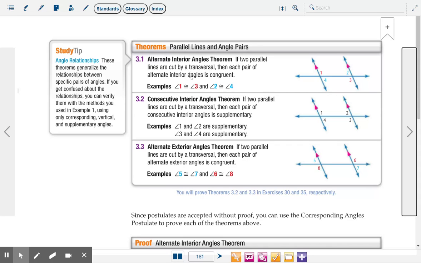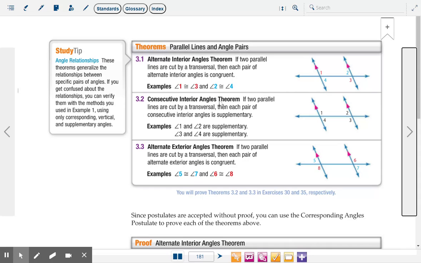So alternate interior angles 1 and 3 are going to be congruent. 1 and its corresponding angle out here are congruent, and this angle and 3 are verticals. So by transitive property, 3 is congruent to that angle, which is not numbered. So by transitive property, 1 and 3, alternate interior angles, will be congruent.